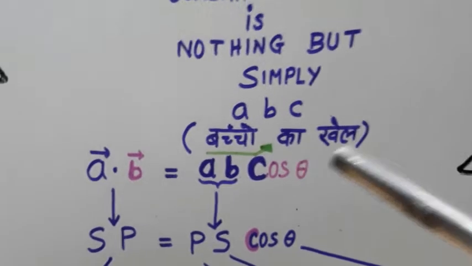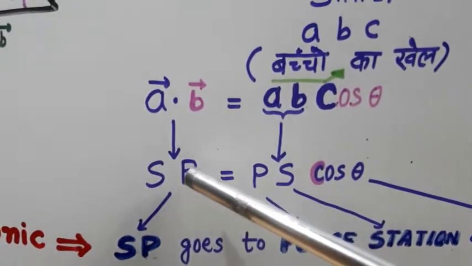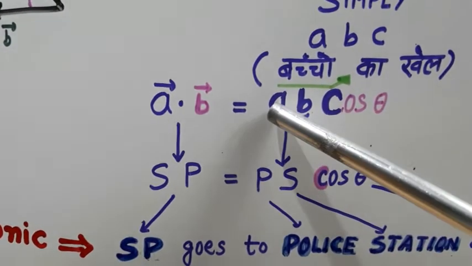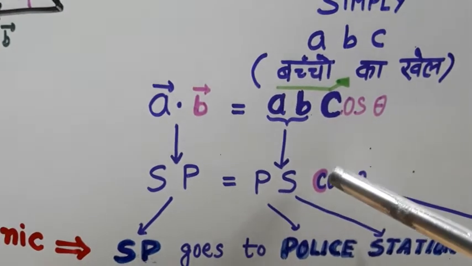I have made a mnemonic on this: scalar product, SP. A and B are product of the scalars. AB is product of the scalars and C is cos theta.